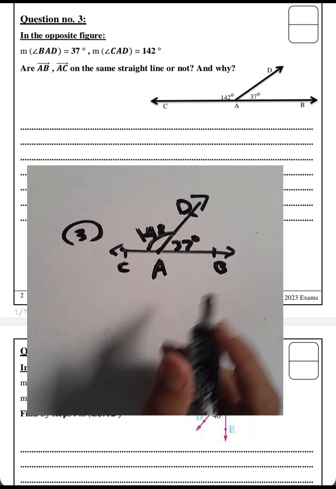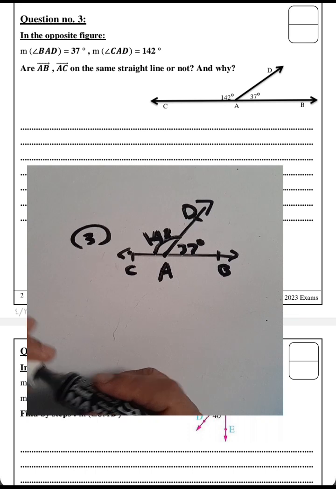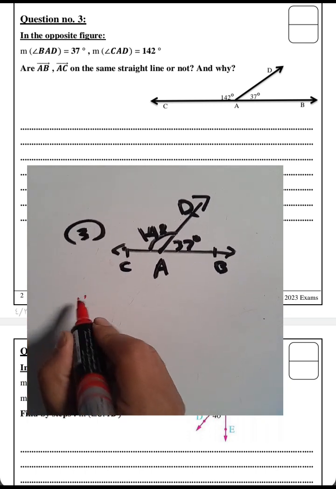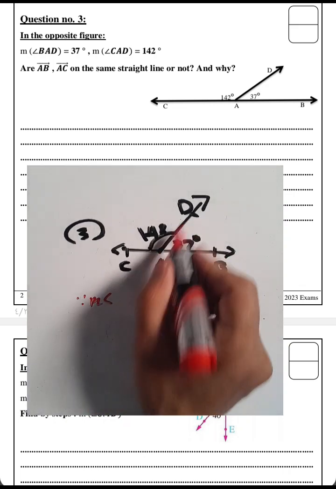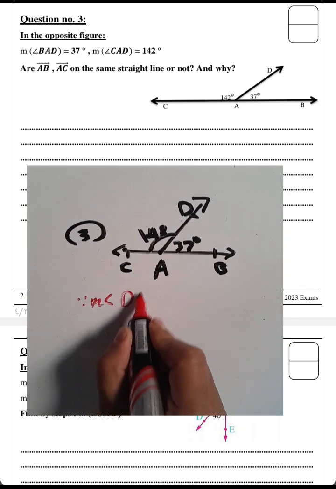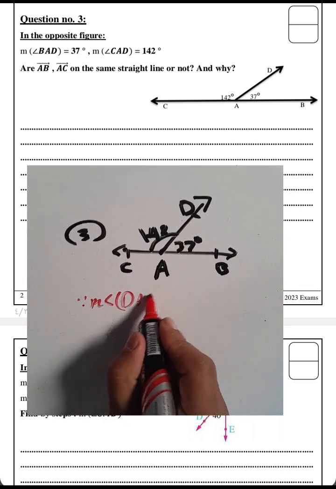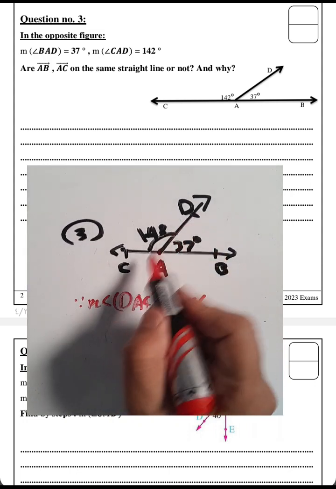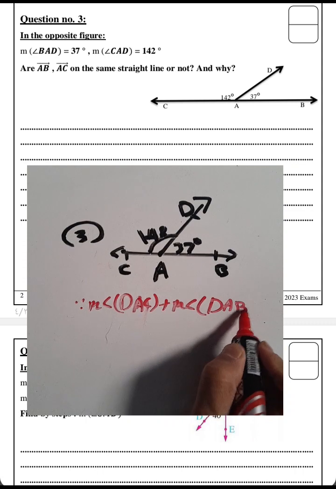Okay, to solve this example, you must find here the measure such that the measure of angle DAC plus the measure of angle DAB equals what?